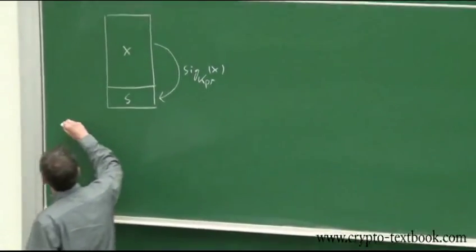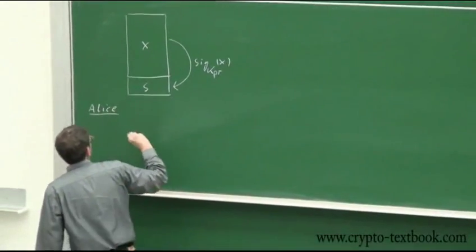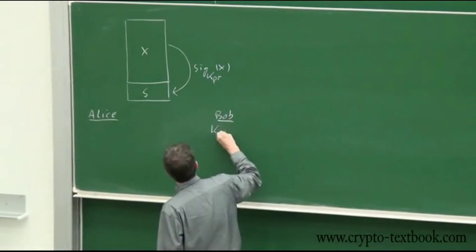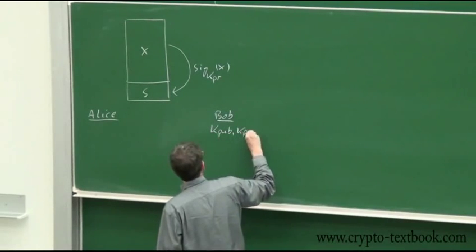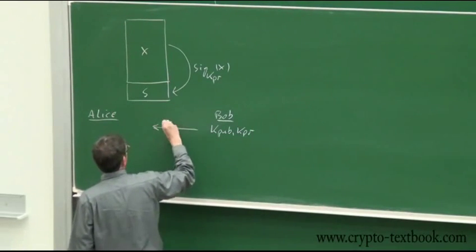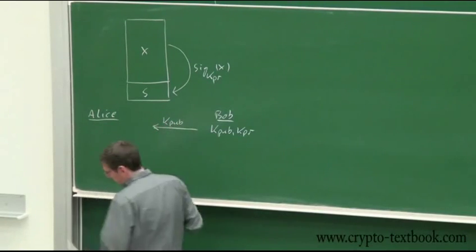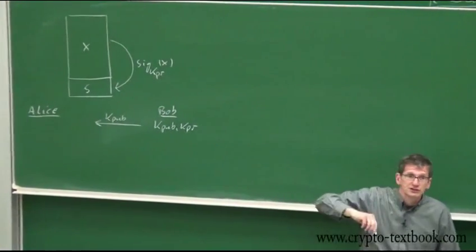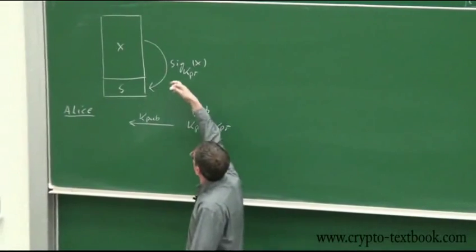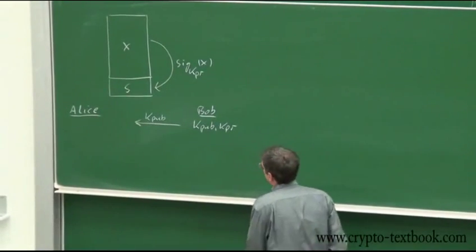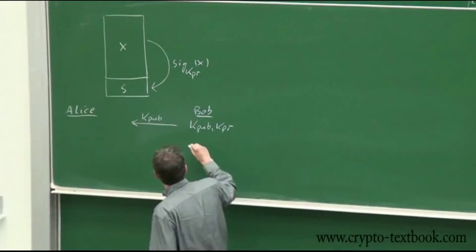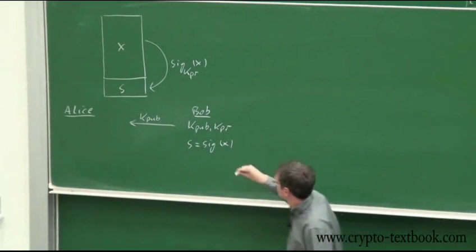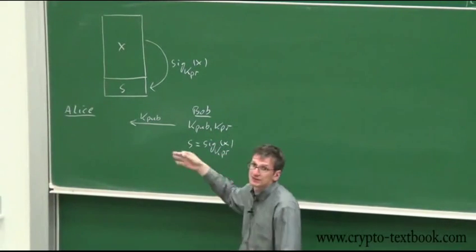Then we turned that into a basic protocol, where Bob has a public key pair and publishes his public key. If Bob now wants to do something like a signature, an Unterschrift, he runs his RSA or Elgamal signature algorithm or ECDSA, whatever is out there, and computes the signature of X using his private key. So only Bob can do that.